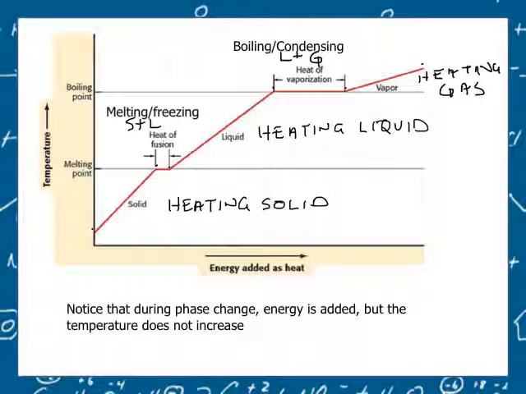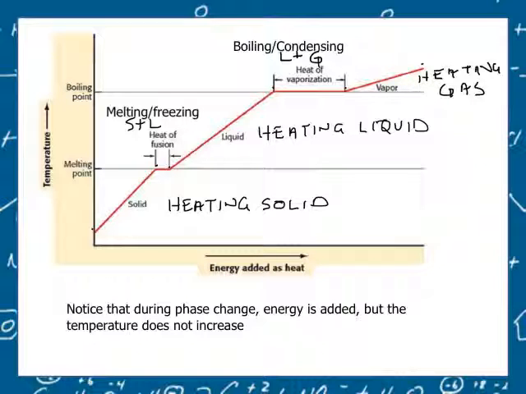So it'll be asking you what state is present here, only a solid, what's happening, you're heating a solid, what states are present here, that's the transition, so you've got solid to liquid. What is happening here, you're heating a liquid, the only state present is the liquid. What's happening here, you're boiling or condensing and you have the 2 states present. And lastly, what's going on along this section, you're heating a gas and the only thing present is a gas.